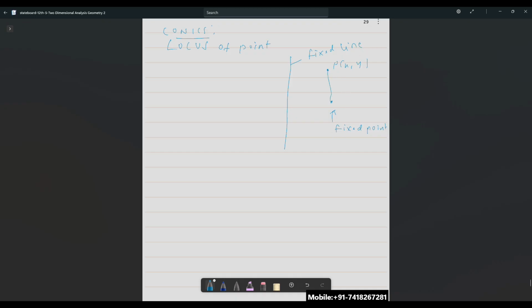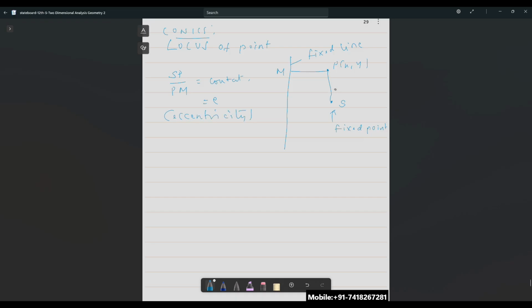There will be a distance from this fixed point S to the arbitrary point P, and the distance from the arbitrary point to the fixed line, PM. So you will have a ratio SP divided by PM, and this ratio is constant. This constant we usually denote as E, which is nothing but eccentricity.